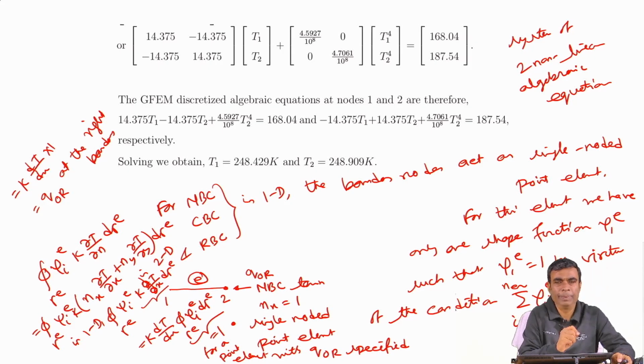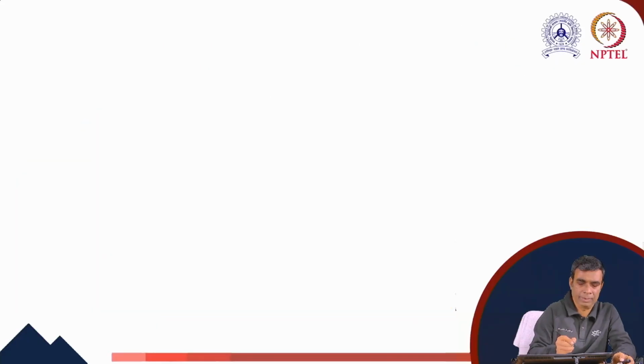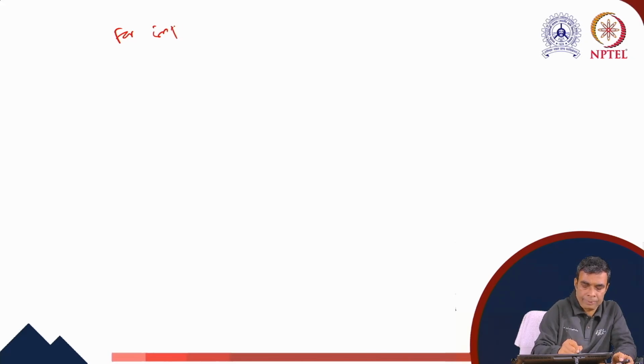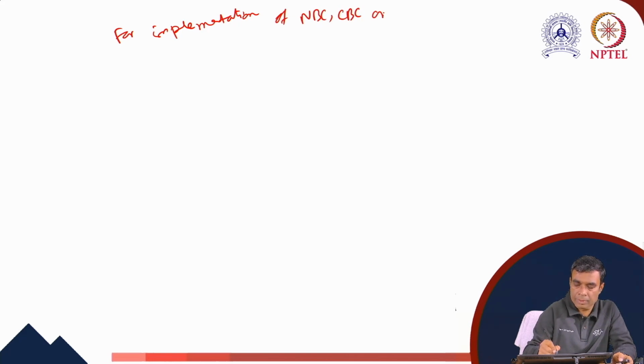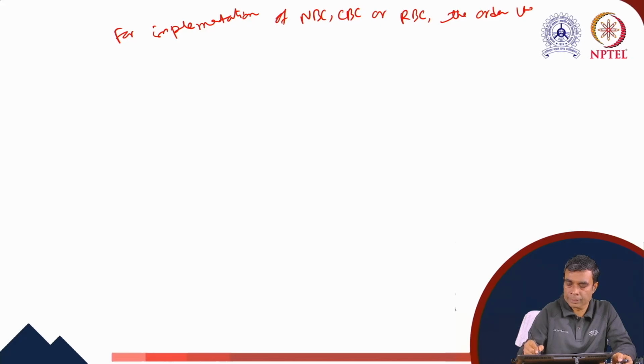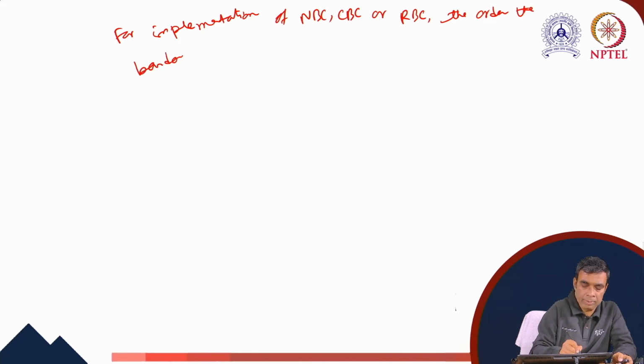Similarly, for the convective boundary condition, we can show the contribution. So we should remember that for the implementation of boundary conditions at the boundary flux term, the element order reduces. It means that for implementation of NBC, CBC or RBC, the order of the boundary element reduces.